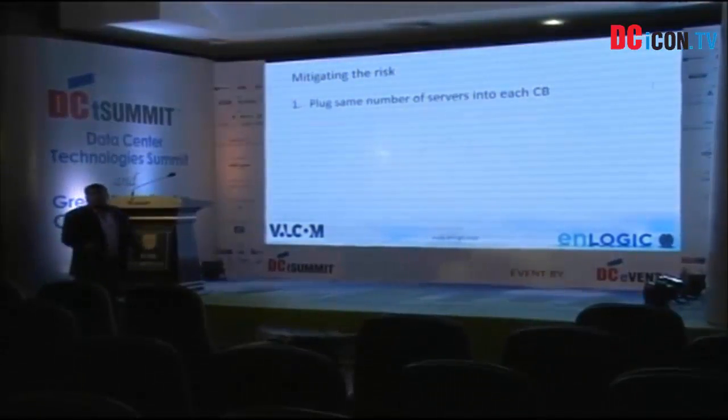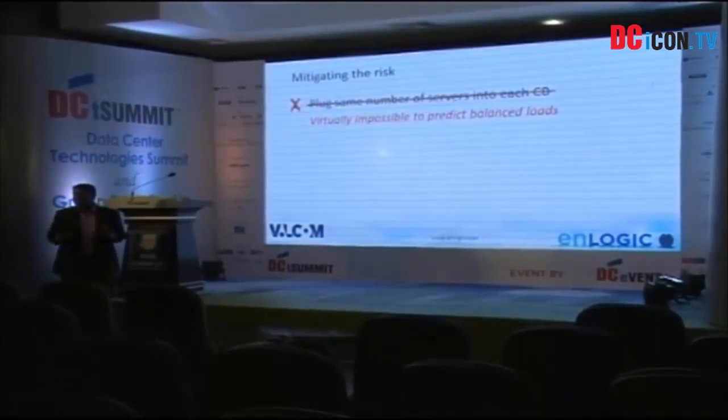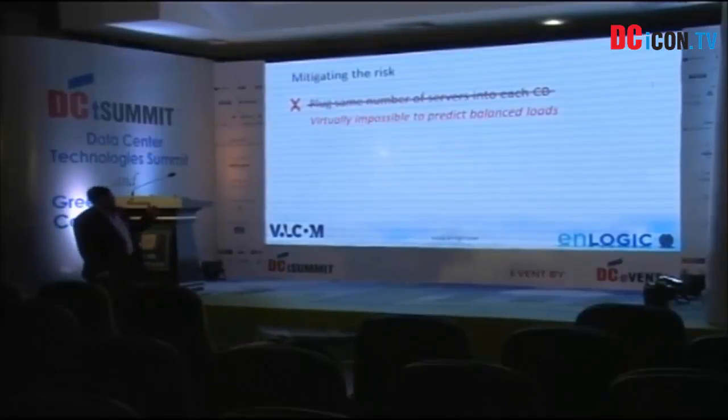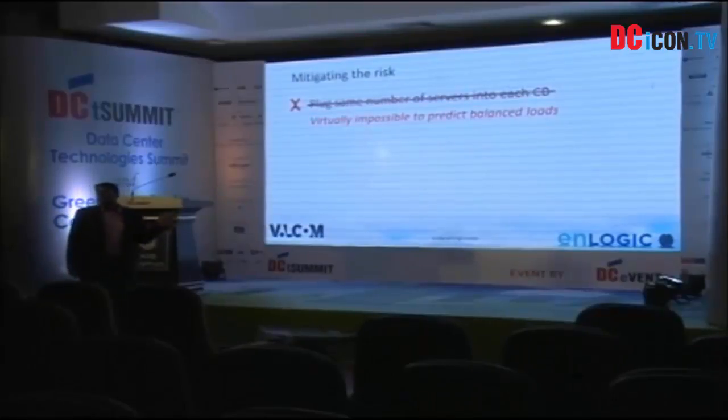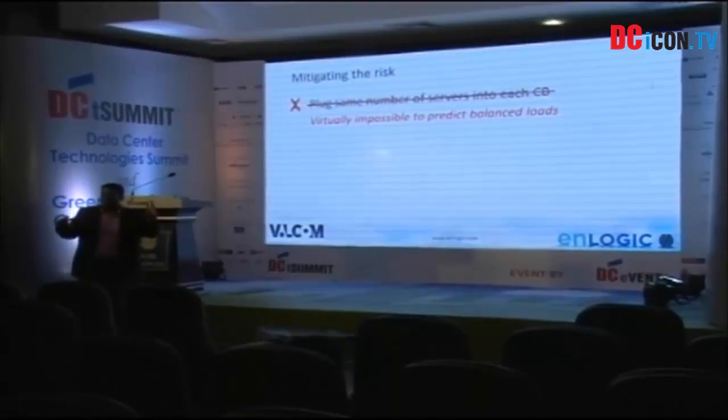So how do we mitigate the risk? How do we bring this power risk down? We may think of plugging the same number of servers into each circuit breaker. For example, I had A source and B source, all are 3 amps each, so I can plug 2 servers and 2 servers here and balance it.